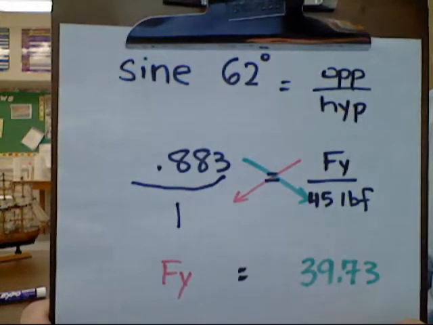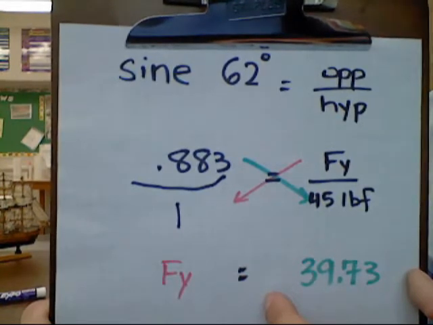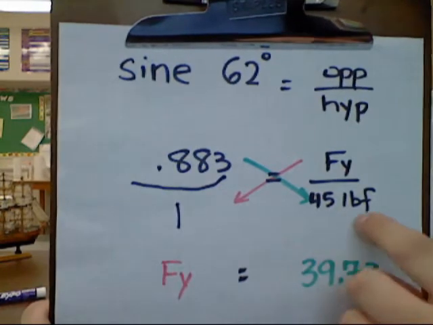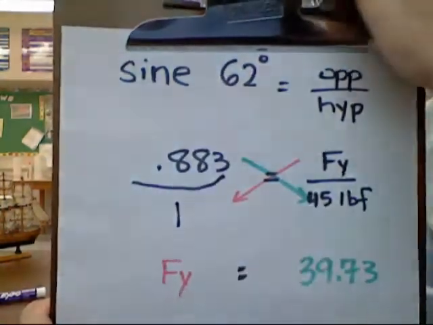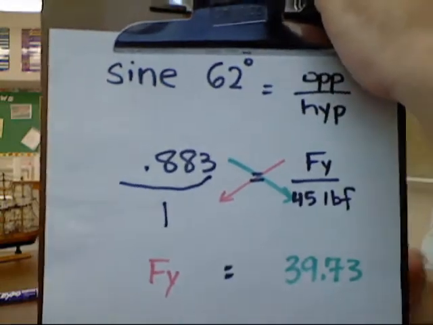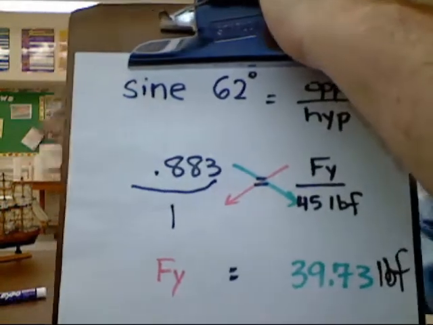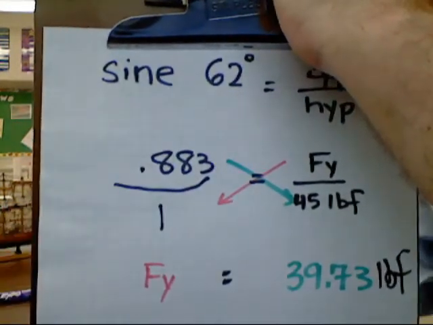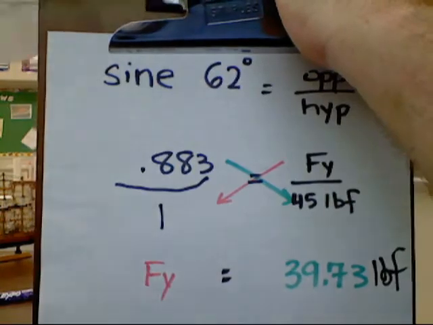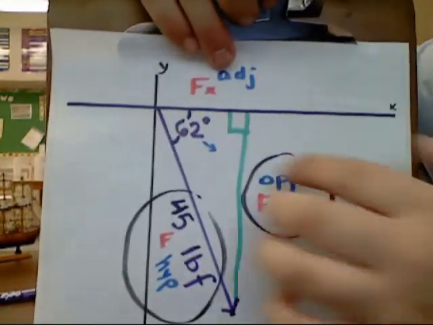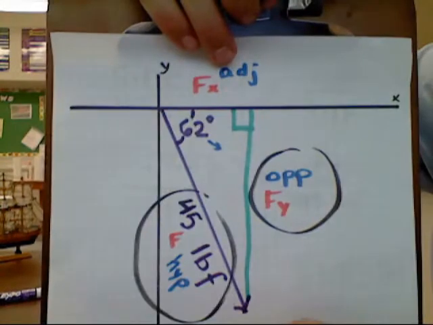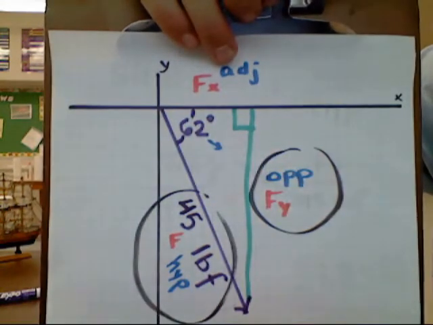I'm almost finished, but I need to verify the sign, as in positive or negative, of this value, and I need to verify the units. Let's do the units first. The units are going to be the units we've been using throughout the problem, in this case, pounds force. So I will write pounds force next to that 39.73. To figure out if that's a positive or a negative 39.73 pounds force, I do need to look back at my picture. In this case, looking at the quadrant that this vector is in, it is pointing downwards in the y direction.